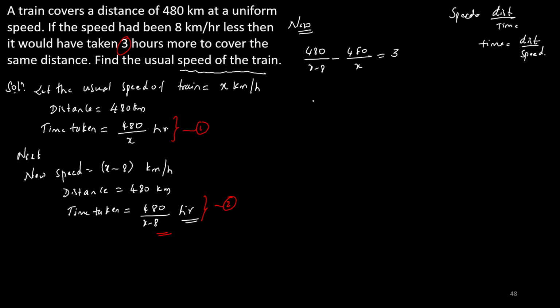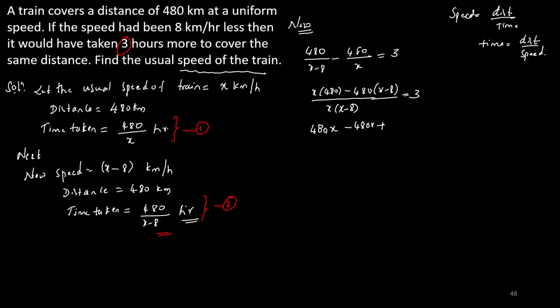Clear? So now I will take the LCM. This is x into x minus 8, then x into 480 minus 480 into x minus 8 is equal to 3. So now I write this as 480x minus 480x plus 4, because minus into minus becomes a plus.